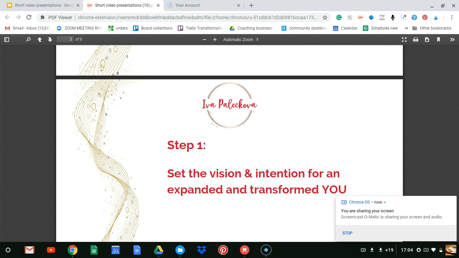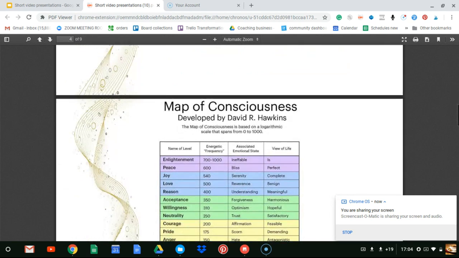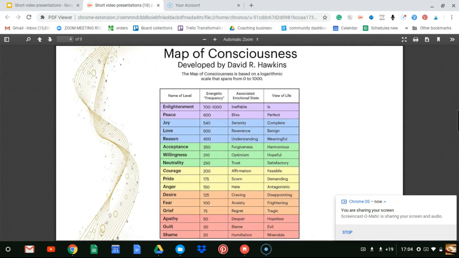Okay? So the tool that I absolutely love is called the Map of Consciousness, and it was developed by David R. Hawkins. To tell you a bit about Hawkins first, he was a psychiatrist for 40 something years. He was a psychologist, a consciousness researcher, and a scientist, and he lectured at different universities, including Harvard and Oxford.